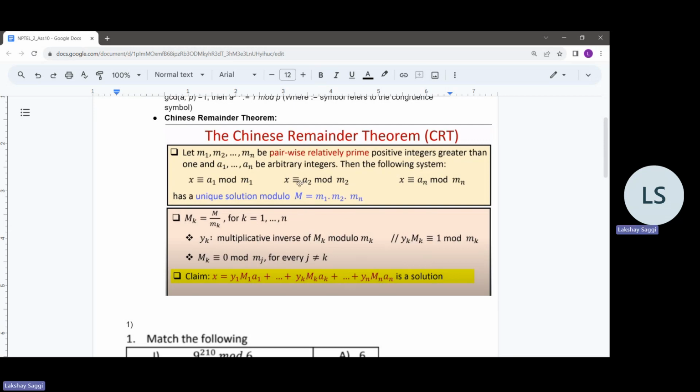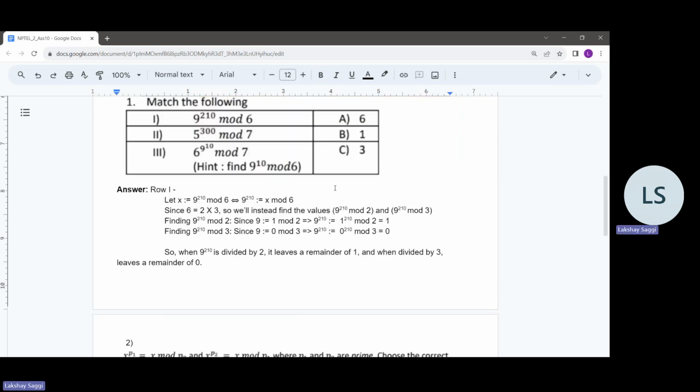And this is something which we want, because the number when divided by 2 leaves a remainder of 1, and when divided by 3 leaves a remainder of 0. So when divided by 6, it will leave a unique remainder, and that is something which we want. We want the value of that remainder itself, right? We want 9 raised to the power 210 mod 6 actually. So that's why we can apply the Chinese remainder theorem here.